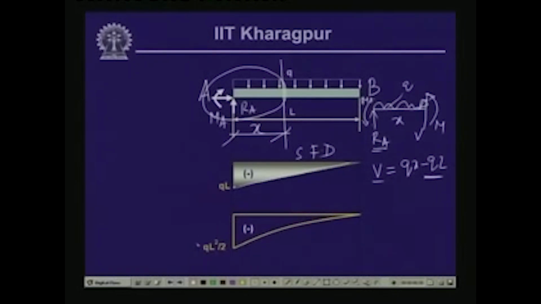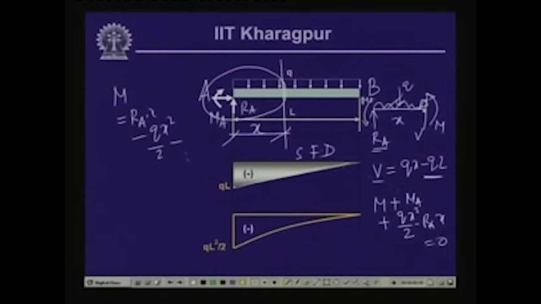Now if we take the moment of all the forces with respect to this section, we have the moment M in an anticlockwise direction, Ma also in the anticlockwise direction, the load Q is also in the anticlockwise direction, which is Qx square by 2, and Ra in a clockwise direction, which is Ra times x, and this equals 0. So this gives us a value of bending moment, which is equal to Ra into x minus Qx square by 2 minus Ma, where Ma is equal to QL square by 2.